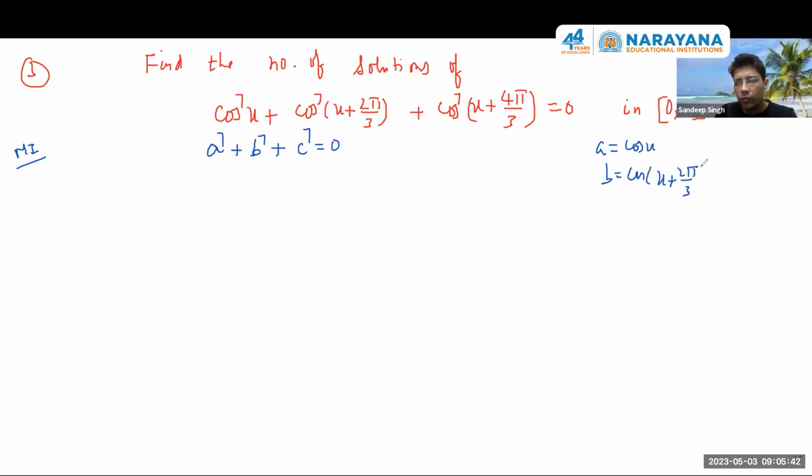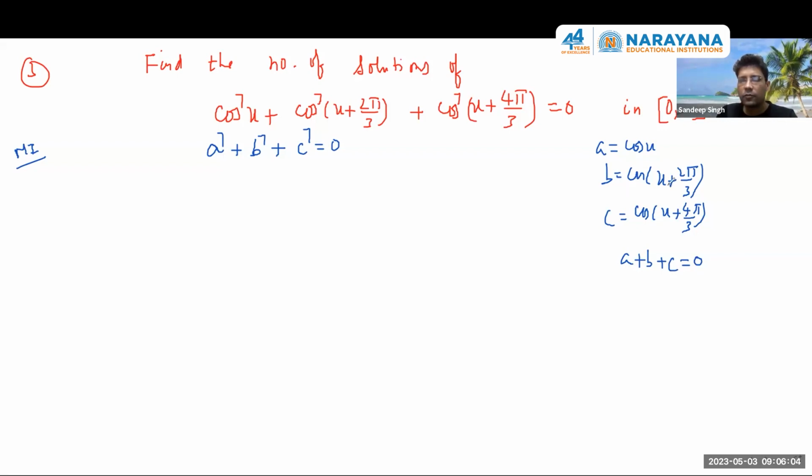Basically, how do they behave geometrically? They are the components of 3 vectors inclined at an angle of 2 pi by 3 with each other on a plane. And obviously their resultant is always 0. So you would know that a plus b plus c is always 0, even if they are sine or even if they are cos. So this you are aware of, right?